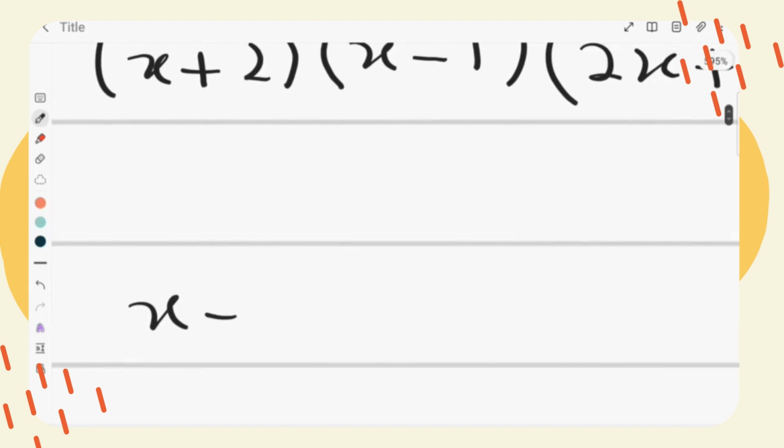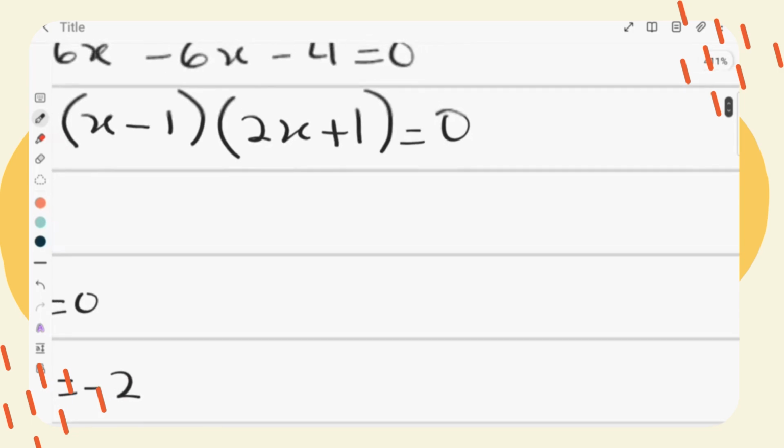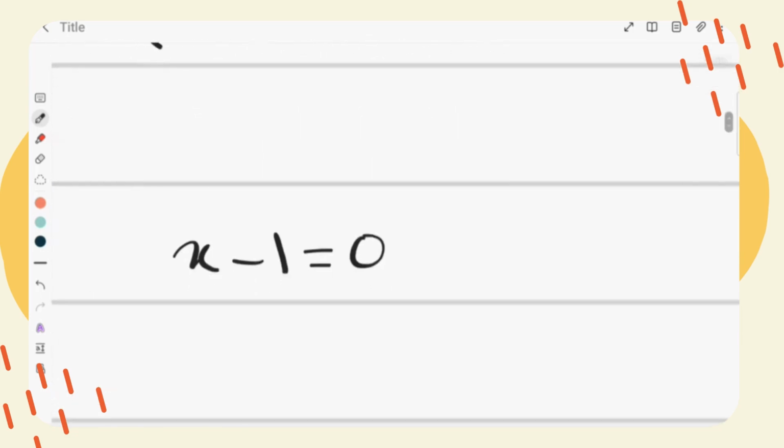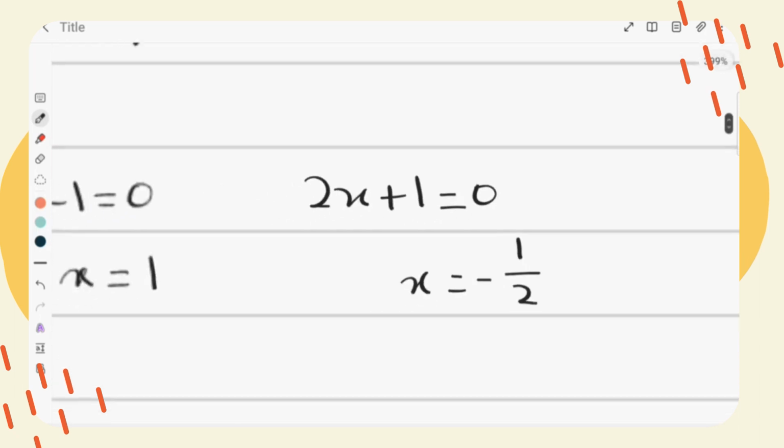So x plus 2 equals 0, which means x equals negative 2. x minus 1 equals 0, which means x equals 1, and 2x plus 1 equals 0, and then we get x equals negative 1 over 2.